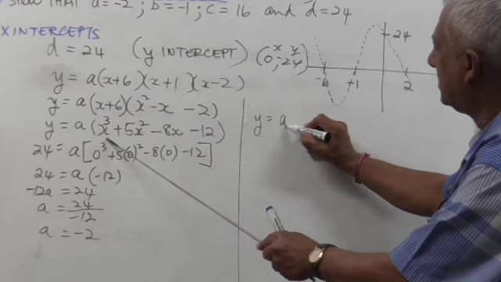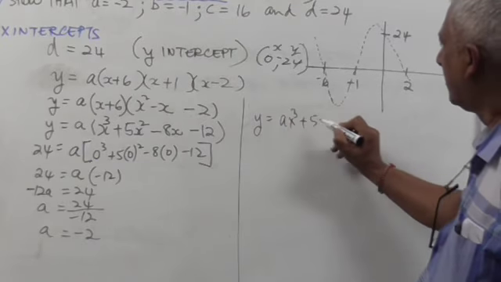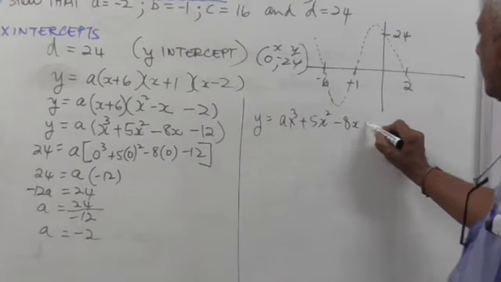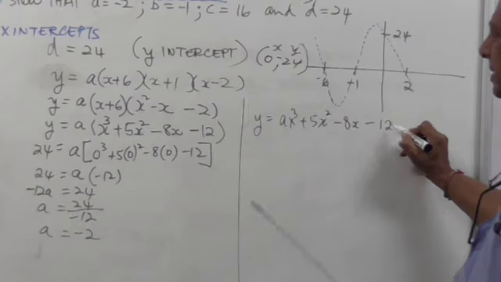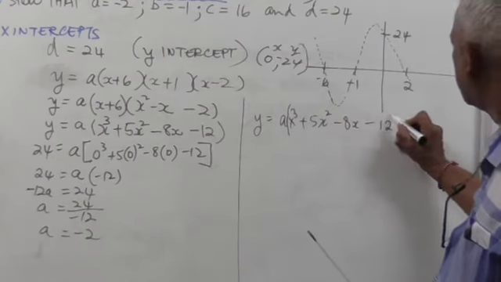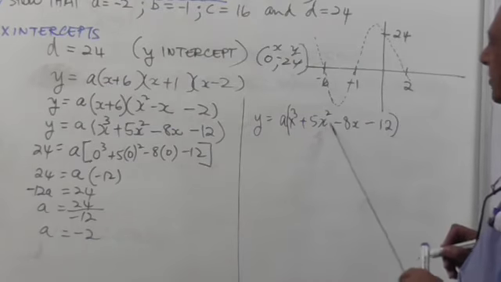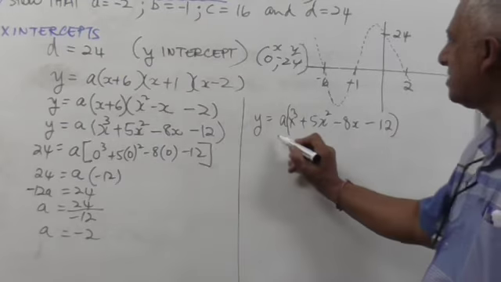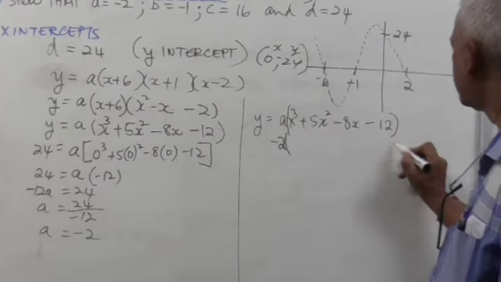Y is equal to a into x cubed plus 5x squared minus 8x minus 12. But we know that a is minus 2. So we got the minus 2 here.